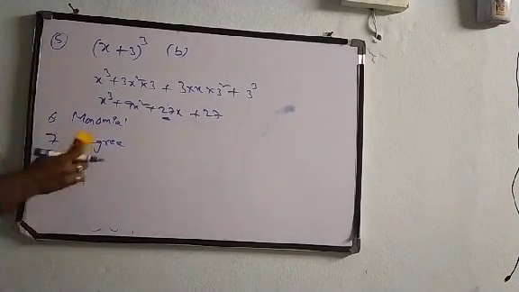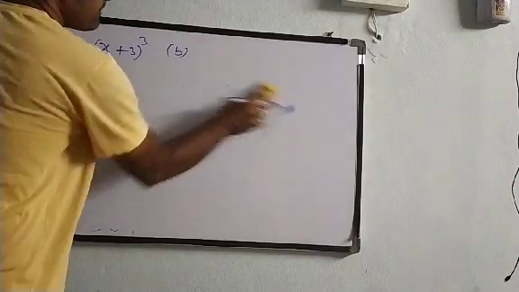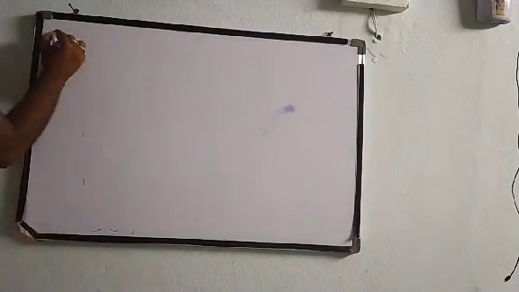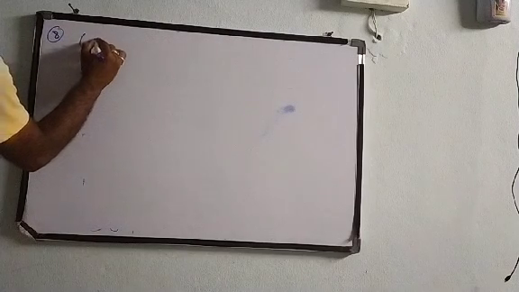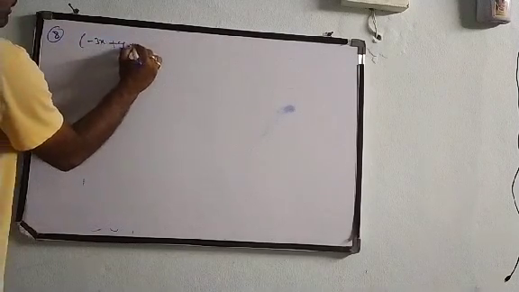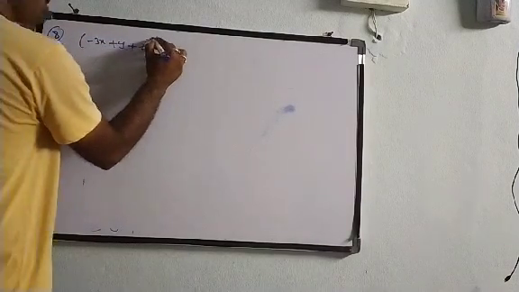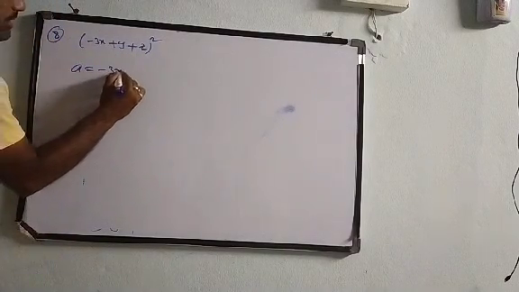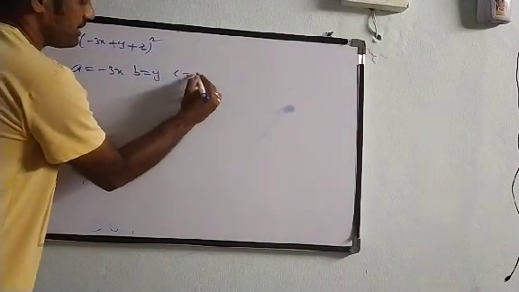Next, coming to the eighth question. Expand the following in expanded form. The eighth question is minus 3x plus y plus z whole square. We write it as a plus b plus c whole square, where a is minus 3x, b is y, c is z.